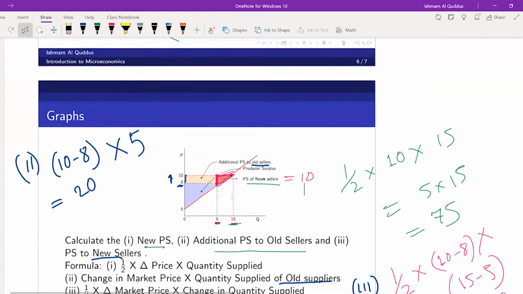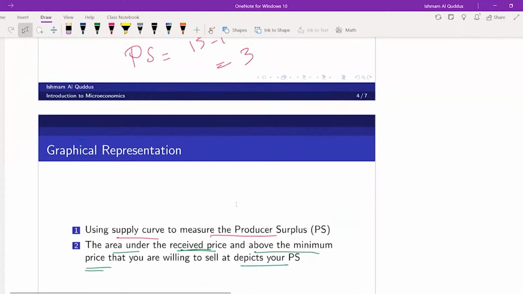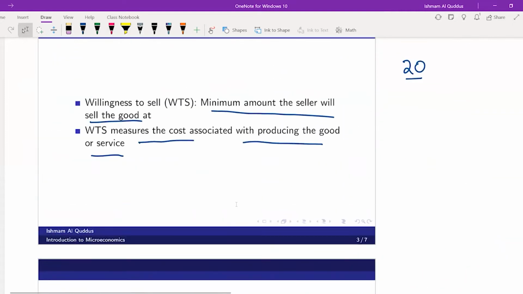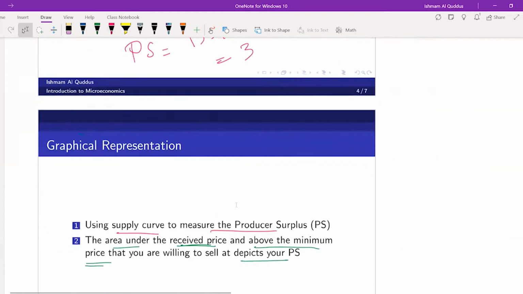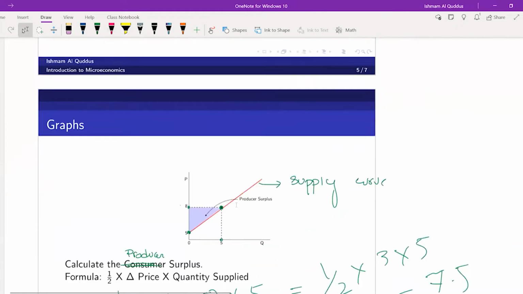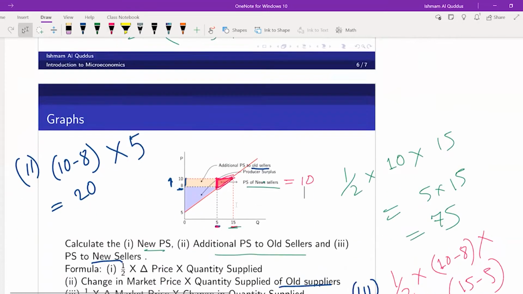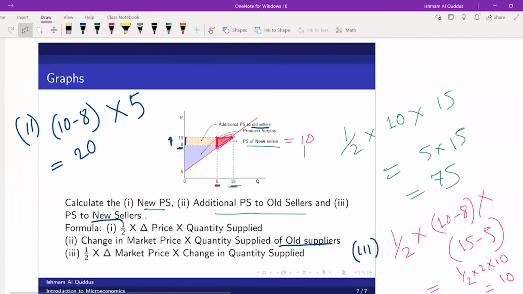So remember this, that producer surplus actually talks about the benefits at the suppliers' end. So this is also equally important, because if you are a policymaker, you need to keep in mind the producer surplus side as well, and how you want to establish a society where everyone is benefited, and you want to make sure that there is fair transaction, or let's say a fair trade-off between all the stakeholders.